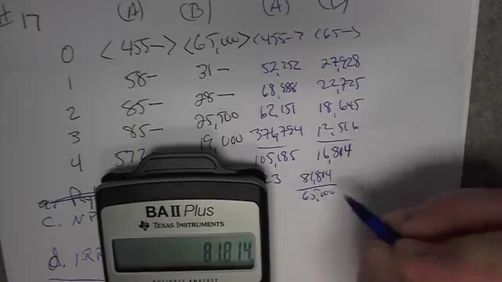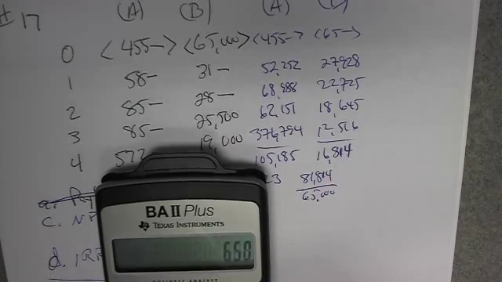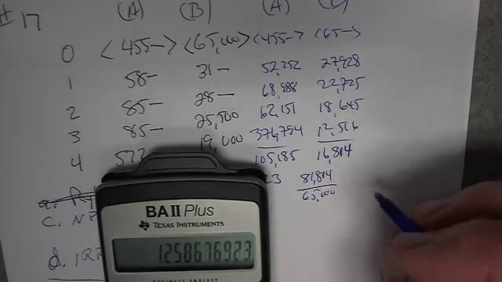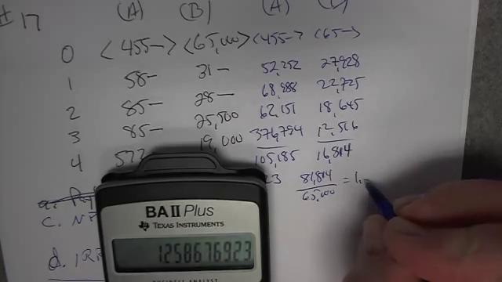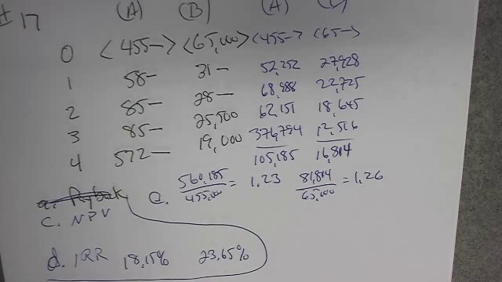Divide that by the $65,000 initial investment, and we get 1.26. So in this case, we're led to think that B is a better investment.